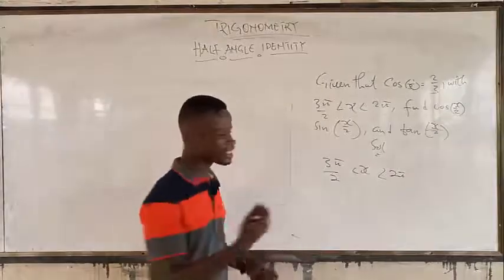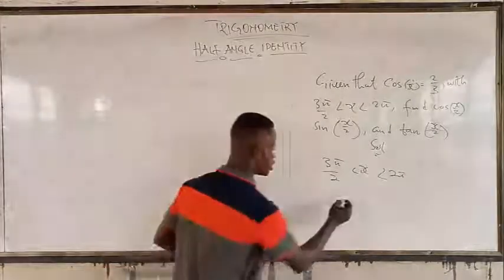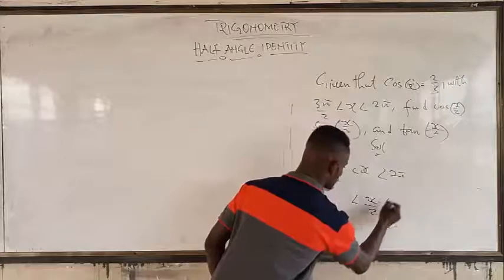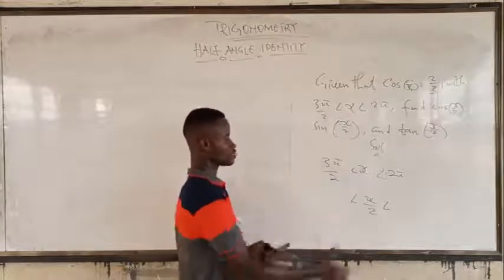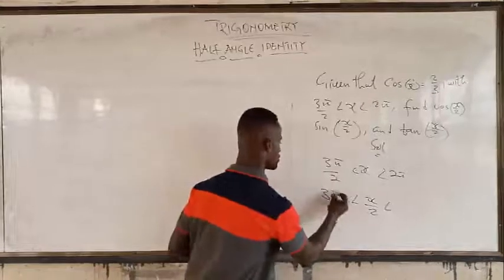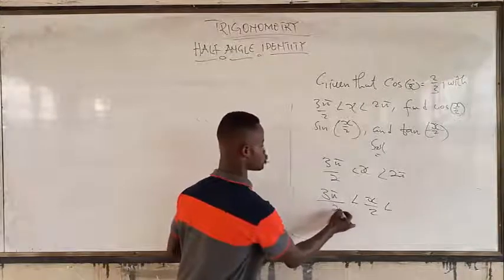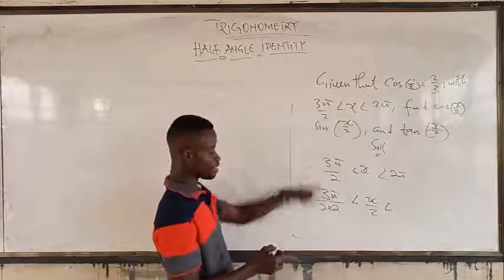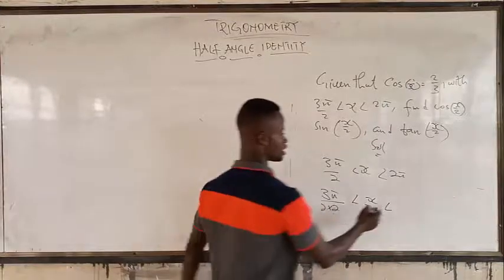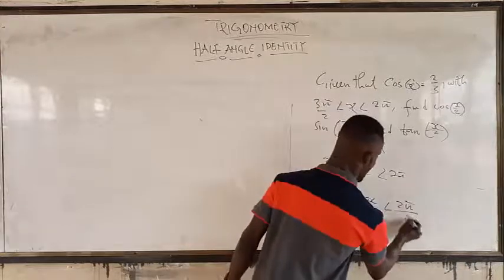So for us to get that for the half angle, we divide here by 2. In an equation or inequality, what we do to this, we do the same thing to this. So here we get 3 pi over, now 2 is there already, then we multiply by the 2. So we are dividing by 2, which is multiplying by half. Then here we get 2 pi over 2.